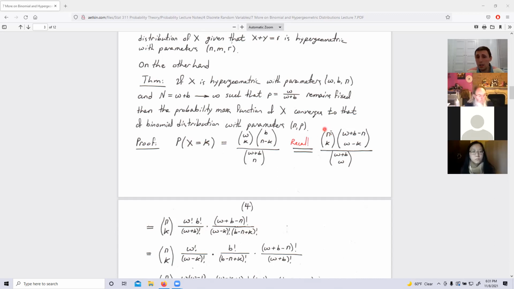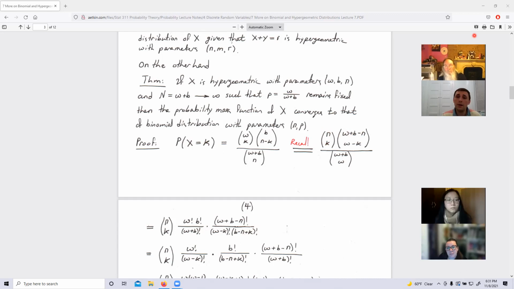It means I took sample n and out of it k appeared white, and from the things that I have not sampled, w plus b minus n, of them w minus k will be white. Make sense? So I just picked n, and k of them just suddenly turn and become white, and simultaneously there is like a connection with those I haven't picked.